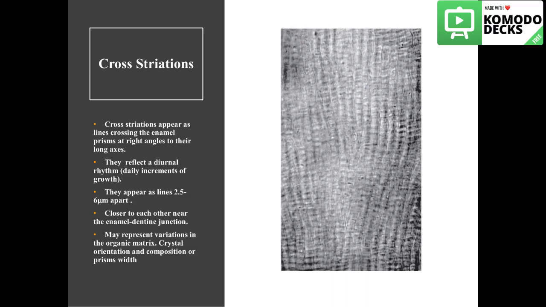They are 2.5 to 6 micrometers apart. They are closer to each other near the enamel dentine junction, and they may represent variations in the organic matrix, or the crystal orientation and composition, or prism width. Again, they are these black lines that are crossing enamel prisms at right angles.